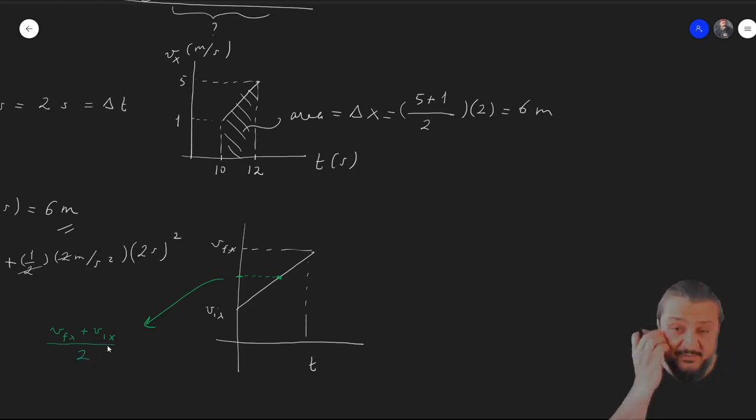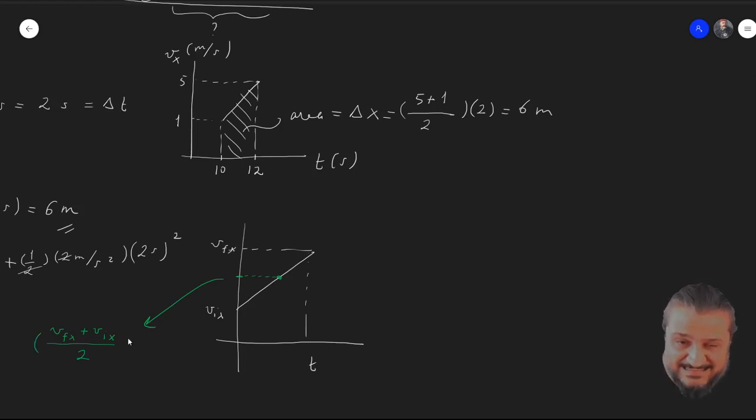The average value. So that's what we're multiplying by t to get delta x. Now check this out. If you continue this, now we have two triangles, one here and one there.